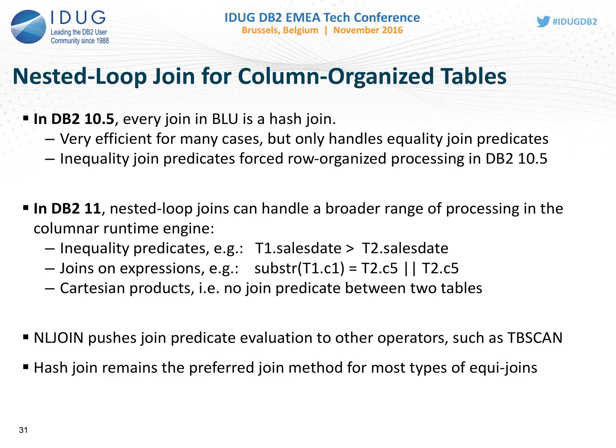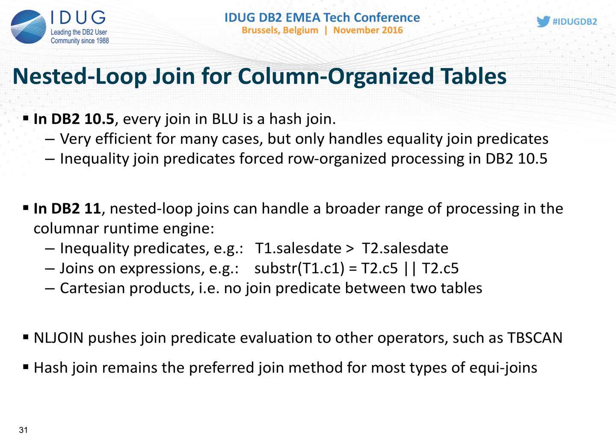If you have joins with, let's say, a greater than or a less than, or if you have joins with some complex expressions in the join predicate, then a hash join cannot really be used anymore in BLU. Then the typical join method would be a nested loop join.